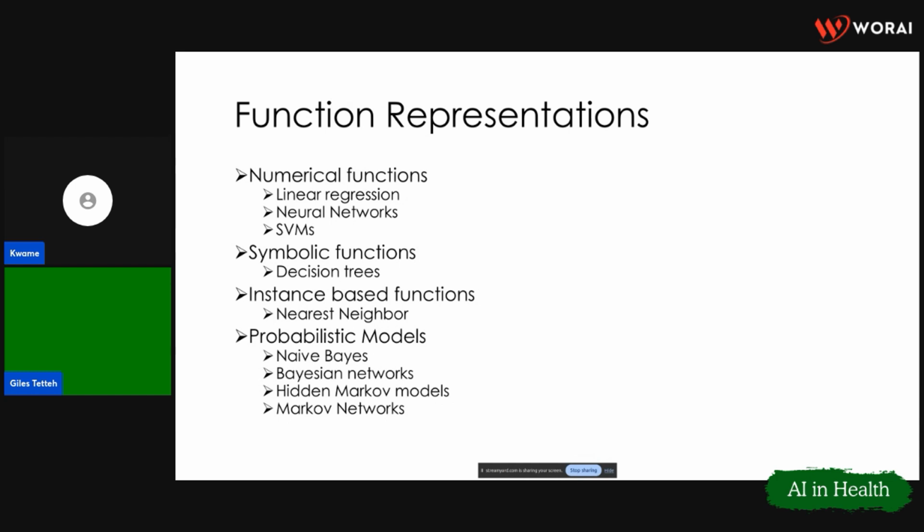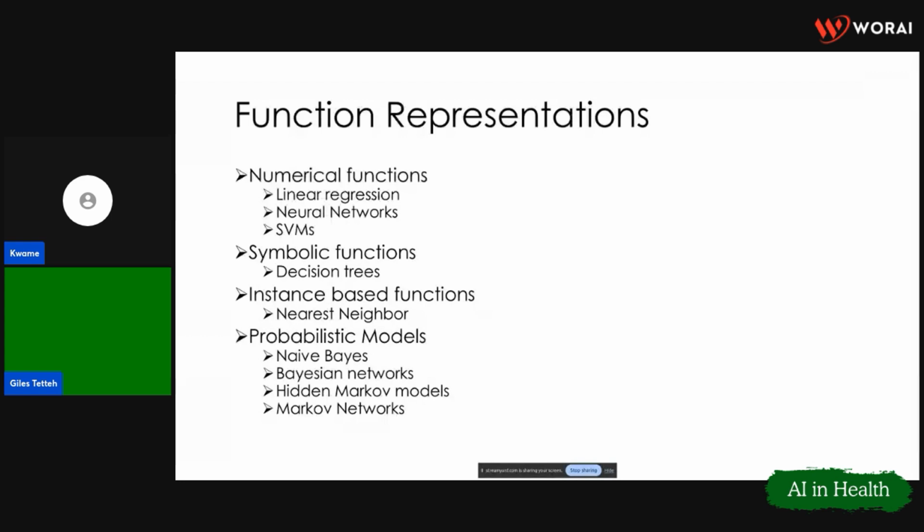And then there are also probabilistic models that we can use. So these are all representations that we can use to learn from our data. And the choice depends on, one, the data type we have, and also the kind of predictions that we want to make.